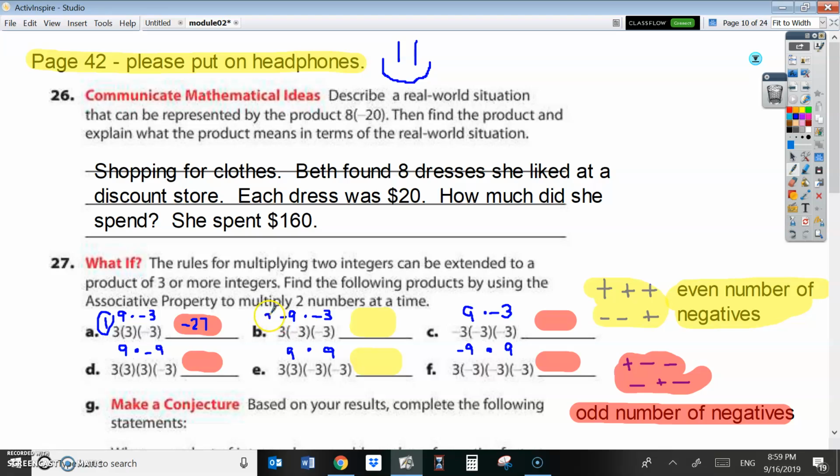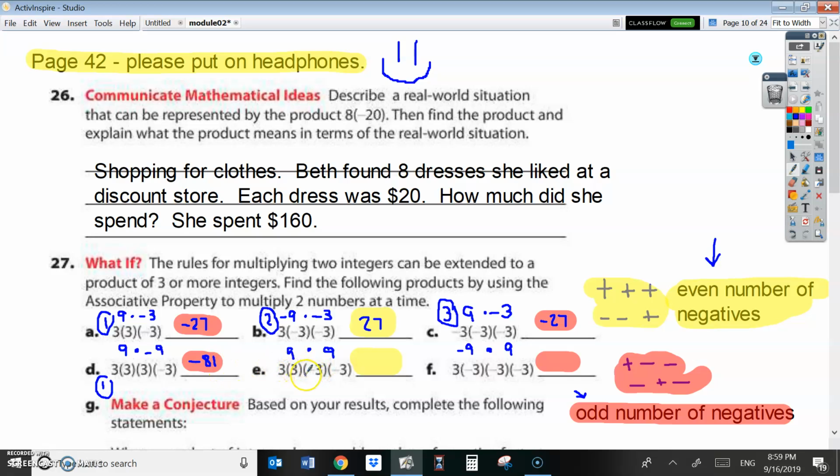Here we have two negative factors, so it has to be even. So it has to be positive 27. Here you have 1, 2, 3 negative factors, so it has to be odd, negative 27. Here you have 1 negative factor, so it has to be odd, so that's going to be negative 81.